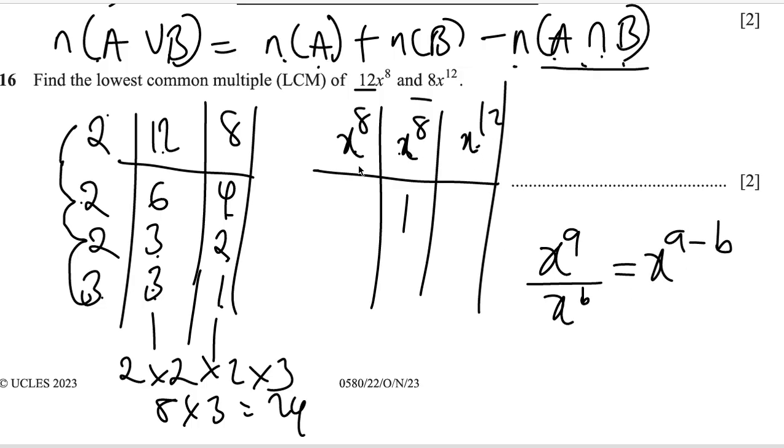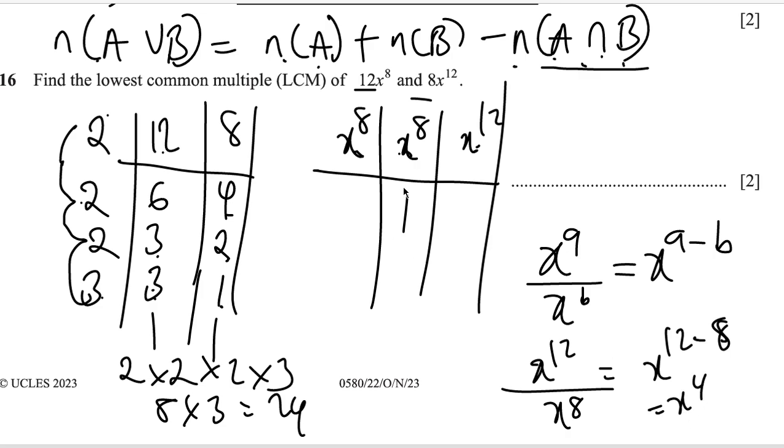So x to the 12 divided by x to the 8 is x to the 12 minus 8, and that's x to the 4. Then we write that down. So x to the 4 could go again. Since 1 divides this perfectly, we bring down 1. Then x to the 4 divided by x to the 4 is going to cancel out. We're going to have 1.